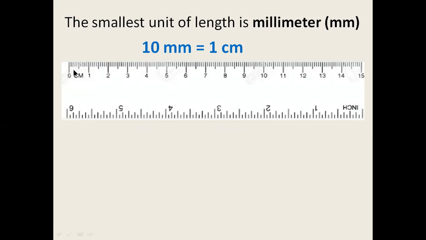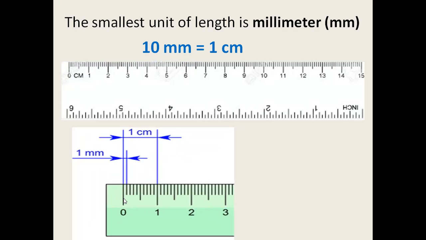And when you see the centimeter side, you can find that 1 centimeter is divided into 10 small lines, and these are known as millimeters. Like this. This 0 to 1 is equal to 1 centimeter, and one small line represents 1 millimeter.